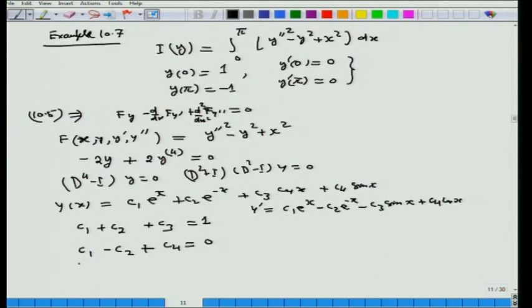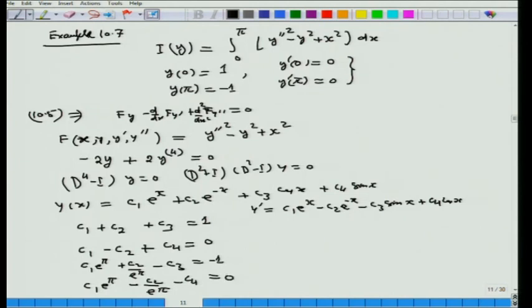And now, at pi here minus 1. So, you get c 1 e to the power pi plus c 2 over e to the power pi minus c 3 equal to minus 1, and c 1 e to the power pi minus c 2 over e to the power pi minus c 4 is 0.